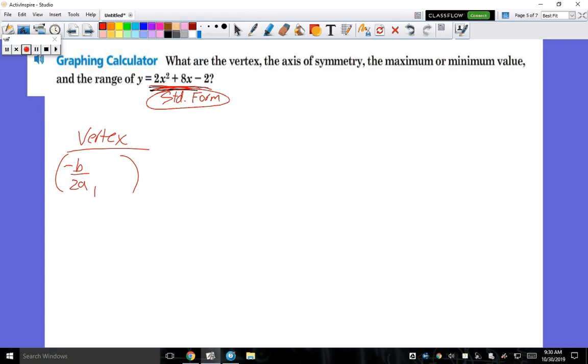Okay, and again, this comes from the standard quadratic of ax squared plus bx plus c, where we know a is 2, we know b is 8, and we know c is negative 2.